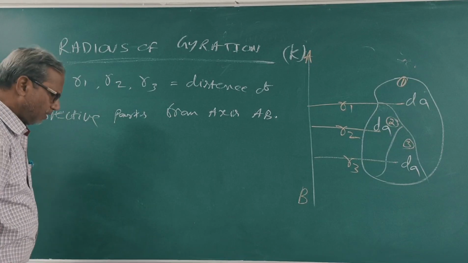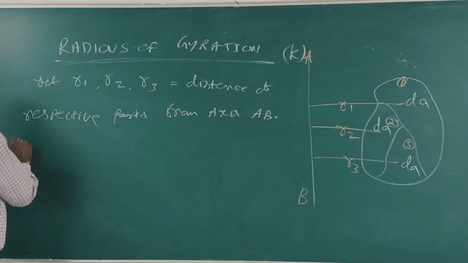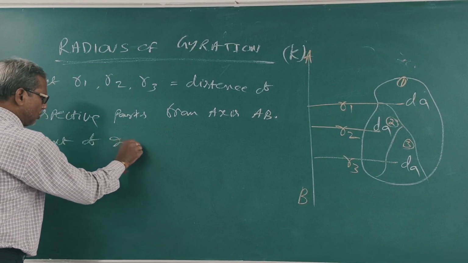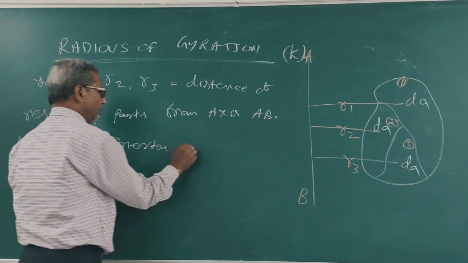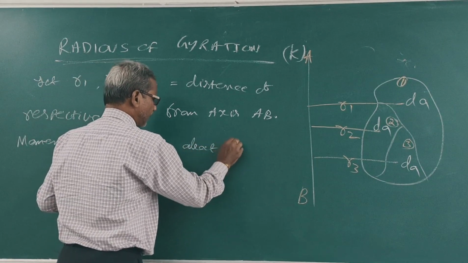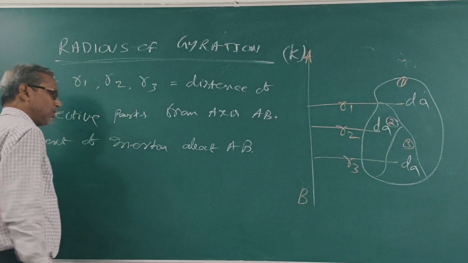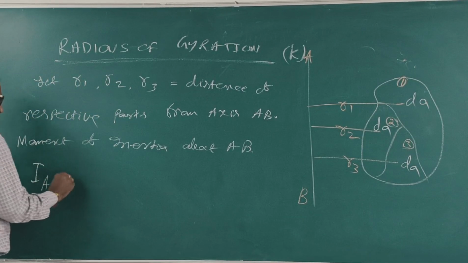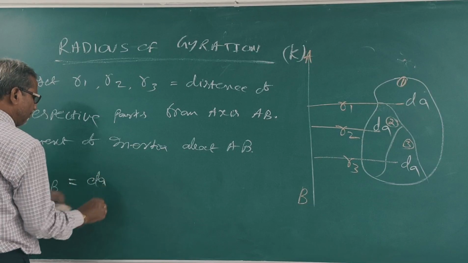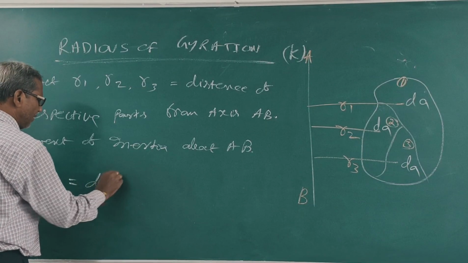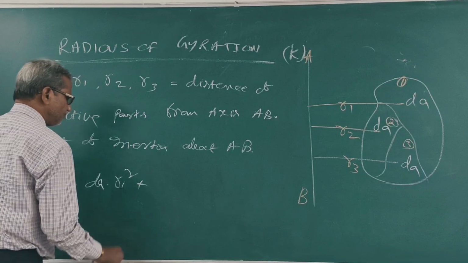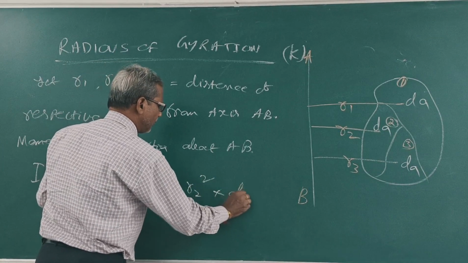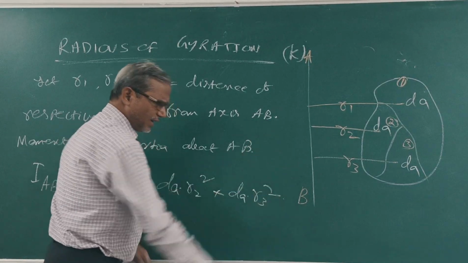Now, the moment of inertia about AB. What is IAB equal to? dA R1 square plus dA R2 square plus dA R3 square.